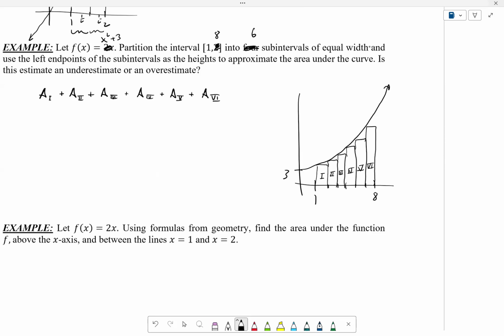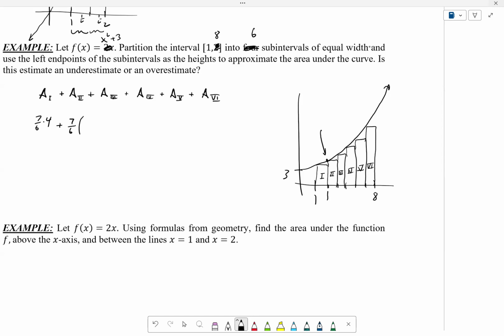I heard a 4, yes? Is it the delta x, 7/6, times 4? The second one is going to be 7/6 times something, isn't it? What is the height at this point right there?